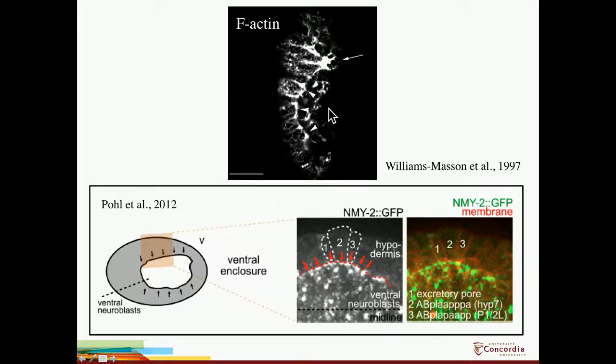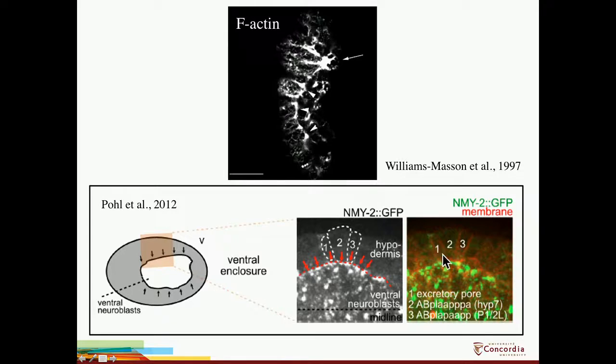When ventral enclosure was first studied, in this really nice paper by Williams-Masson et al., they used phalloidin staining to show the organization of F-actin during this process, and you can see that this F-actin is highly enriched along the boundaries of these cells. And it was proposed at that time that these cells could be closing through actin myosin contractility.